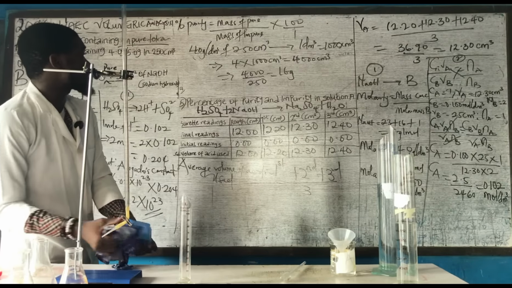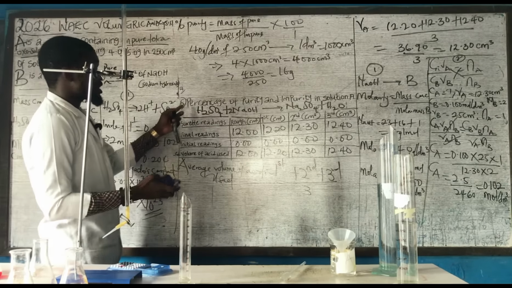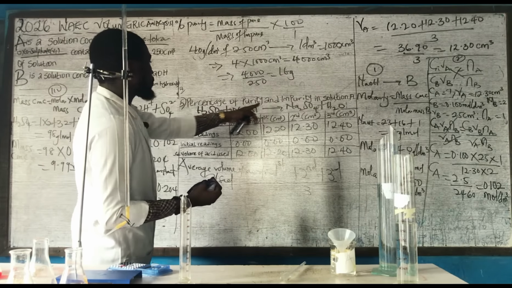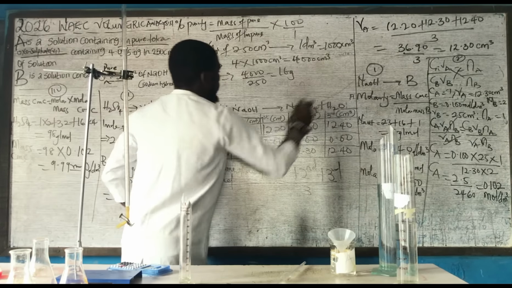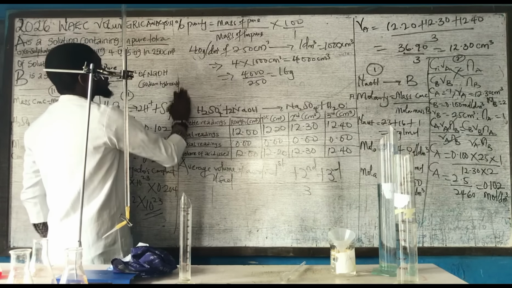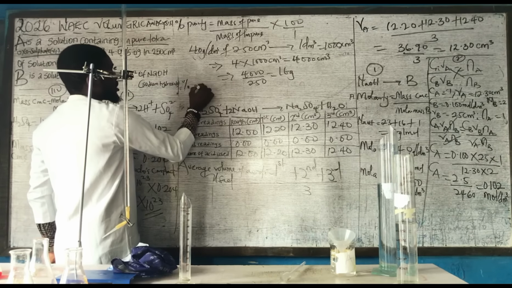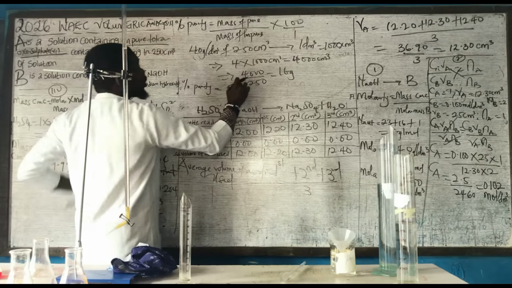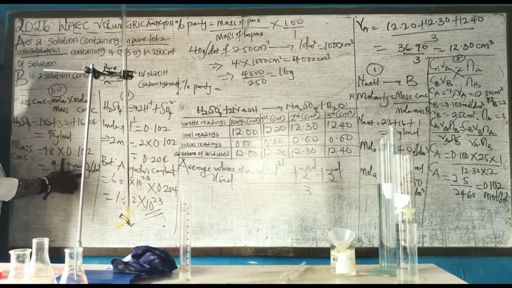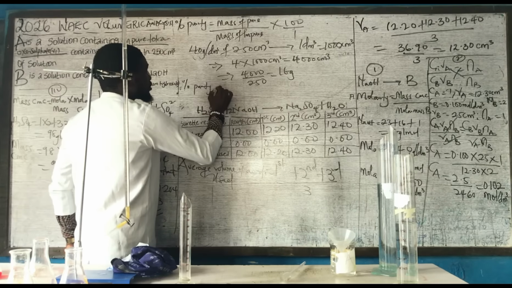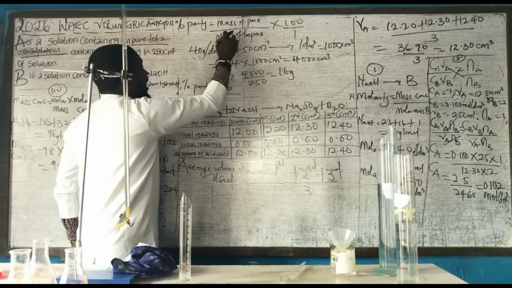Now, don't forget, we have to look for the percentage of the purity and impurity. For us to have that, we can say percentage purity equal the mass of pure. This is the value for the mass of pure. We have 10 over mass of impure.